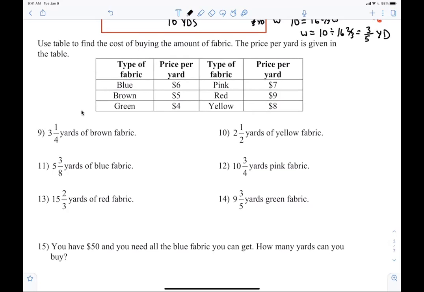How much is it per yard? No, how much is it per yard? Oh, no. Brown fabric. How much is the brown fabric? I'm not sure why you say 9. Do you see it now? So the price is $5 per yard.